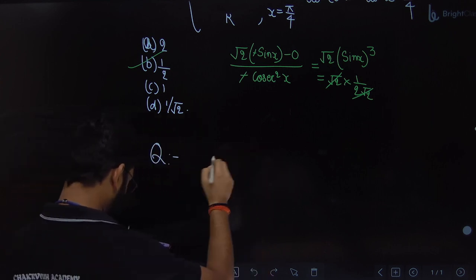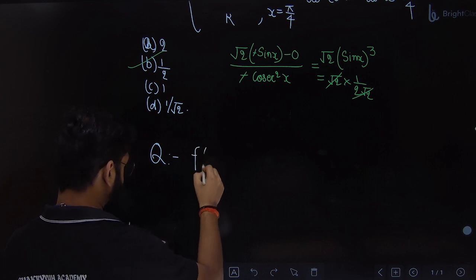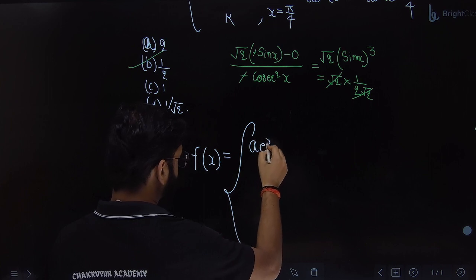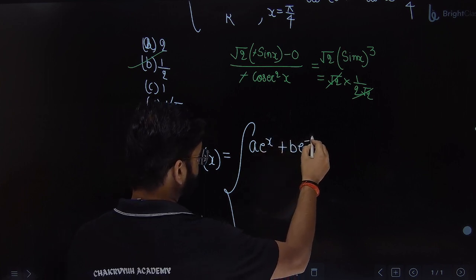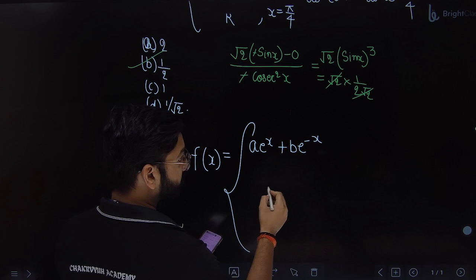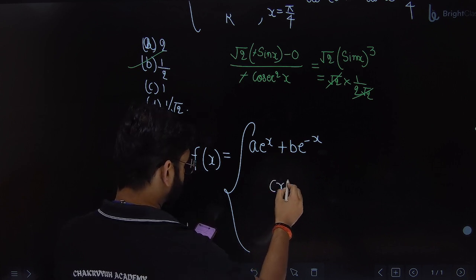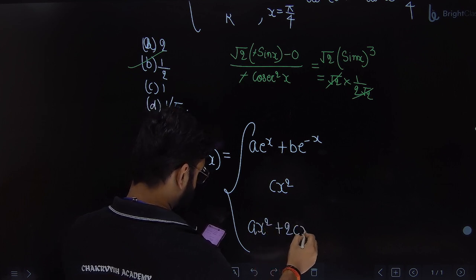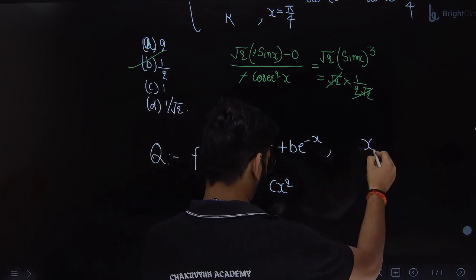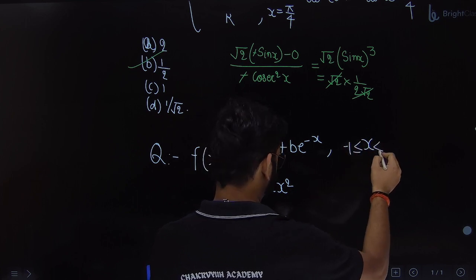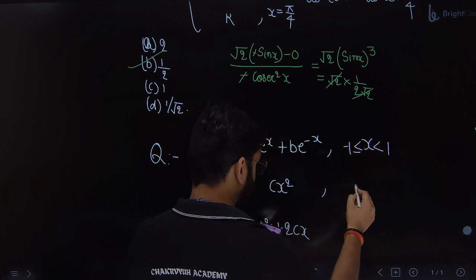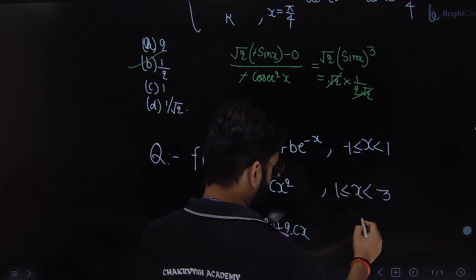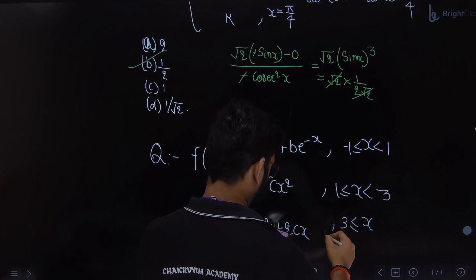Next problem. The question is f of x equals a into e to the power x plus b into e to the power minus x, for x between minus 1 and 1; c into x square, ax square plus 2cx, for x from 1 to 3.